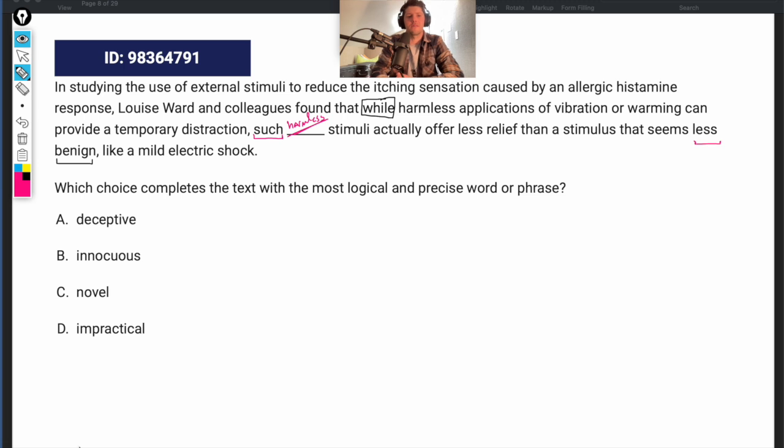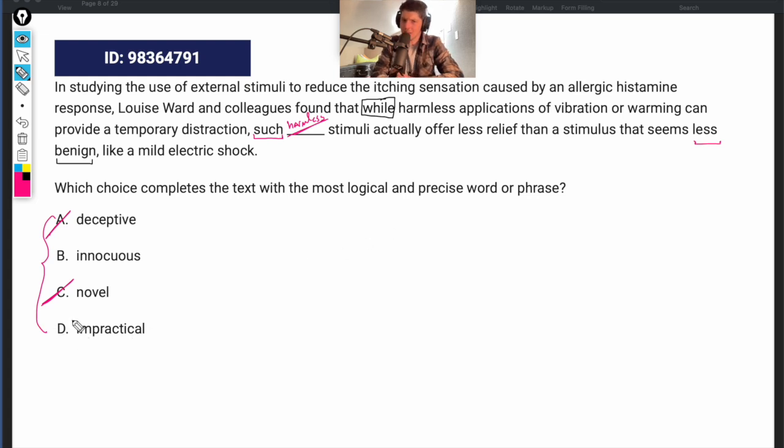Harmless. There may be some words you know and some words you don't know here, but deceptive certainly doesn't mean harmless. Novel certainly doesn't mean harmless. Novel means new or interesting or different. And impractical doesn't mean harmless either.